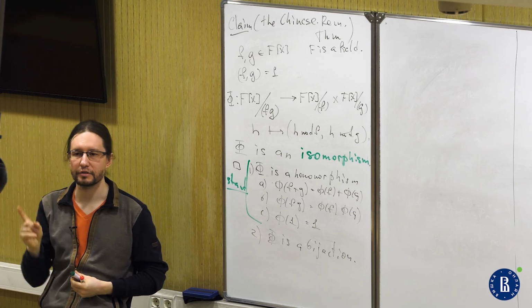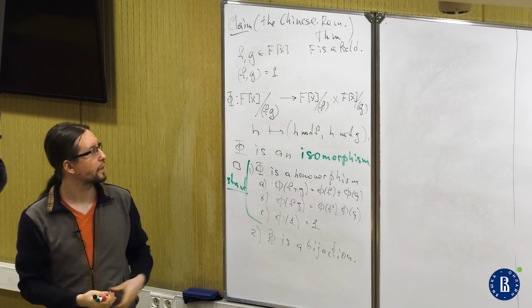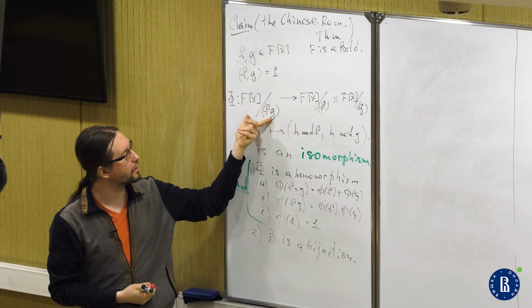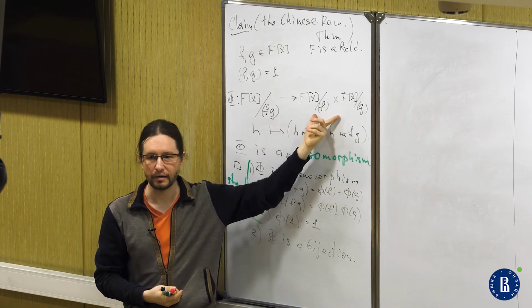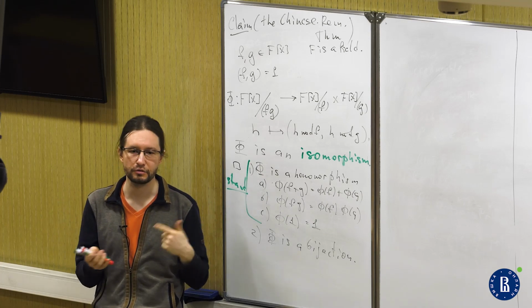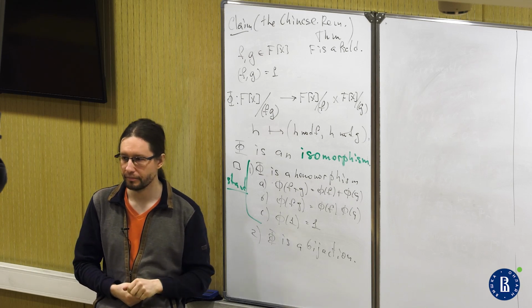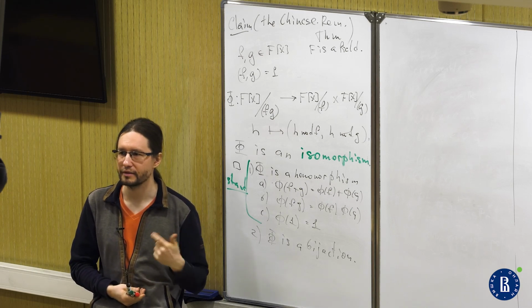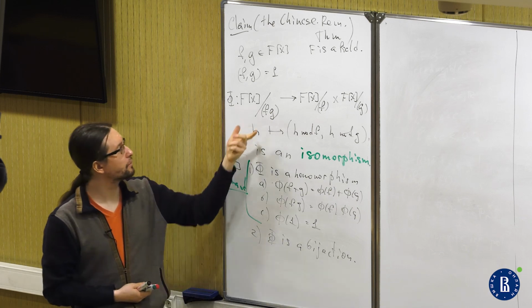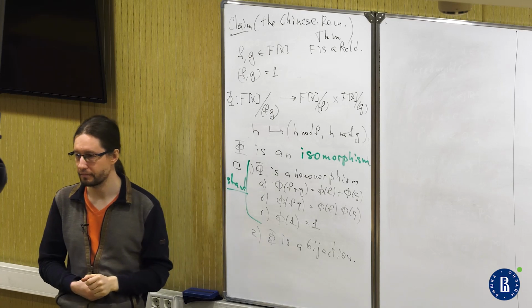In the case of integers, we proved that the map is injective, and then we counted the number of elements on the left and on the right-hand side, and since the number of elements is the same, the injective map must be surjective. So that's why it was a bijection. So here we want to apply the same idea, but the problem is that the left and the right-hand side need not be finite sets.